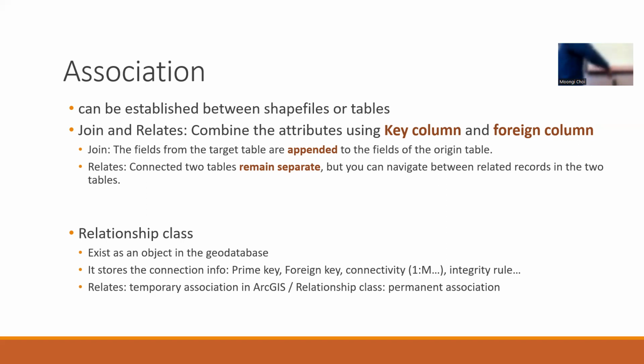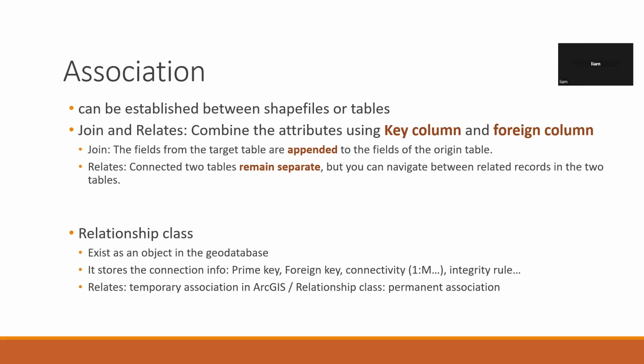I'm going to show you what relates is later in this lab. And then there's a relationship class. A relationship class exists as an object in the geodatabase. Relates actually is a function in the ArcGIS software. So when you add a relate to one table, it is not retained permanently. The relate will be removed when you close ArcPro.